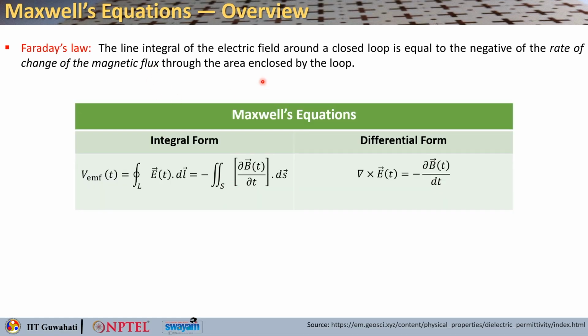Faraday's law tells you that the line integral of the electric field around a closed loop is equal to the negative rate of change of the magnetic flux through the area enclosed by the loop, and that is in the integral form. You can read from here that the time varying magnetic flux gives you a rotating electric field.